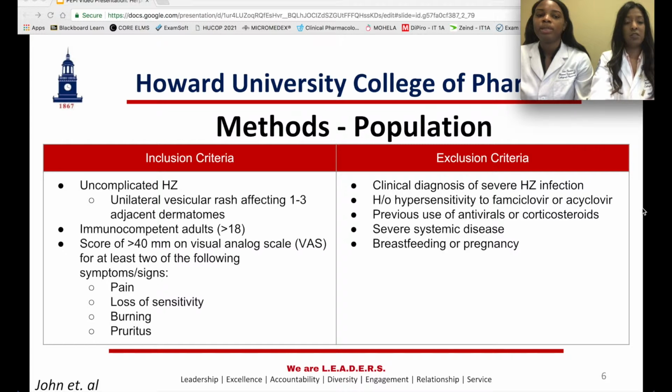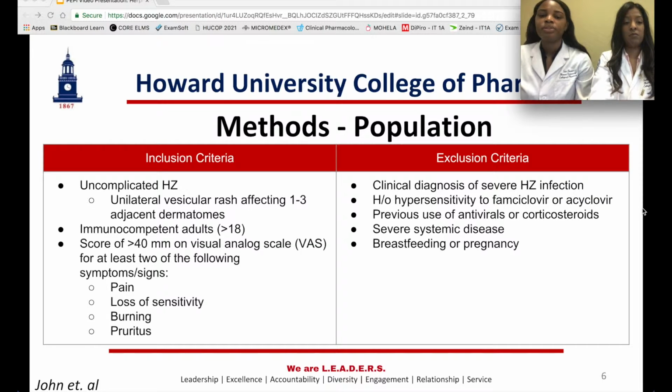They also wanted immunocompetent adults, so patients over the age of 18, with a score of 40 millimeters on the visual analog scale, also known as VAS, for at least 2 of the following symptoms and signs: pain, loss of sensitivity, burning, and pruritus.